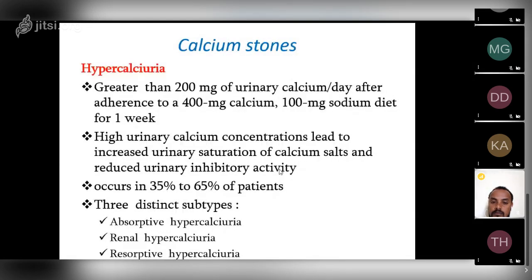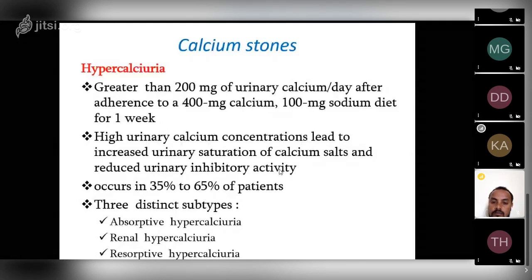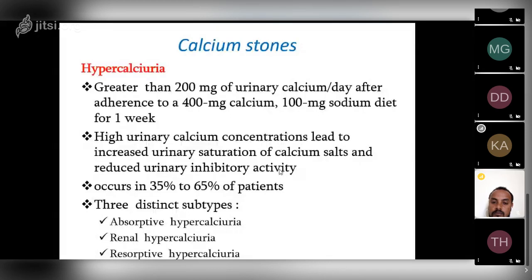When it is a calcium stone, we can classify stones as calcium and non-calcium. Calcium oxalate, calcium phosphate, and others are calcium stones, and the others are non-calcium, like uric acid stones. Cystine stones are non-calcium stones.